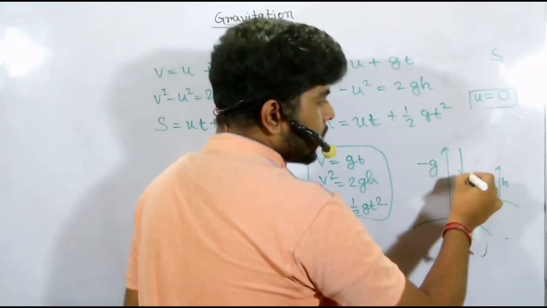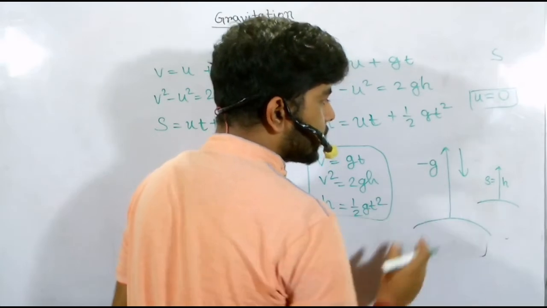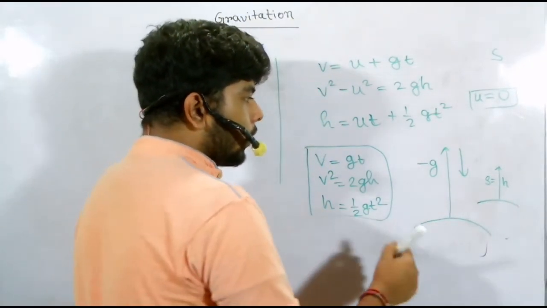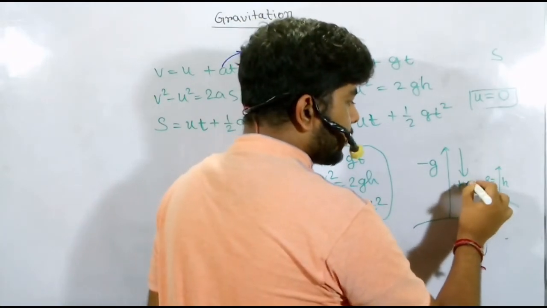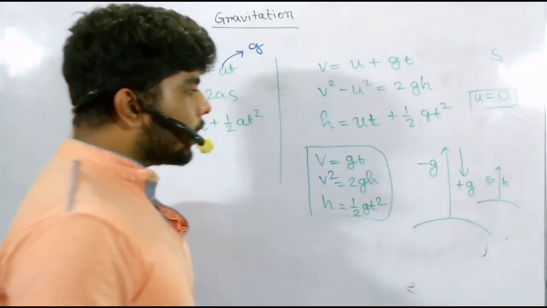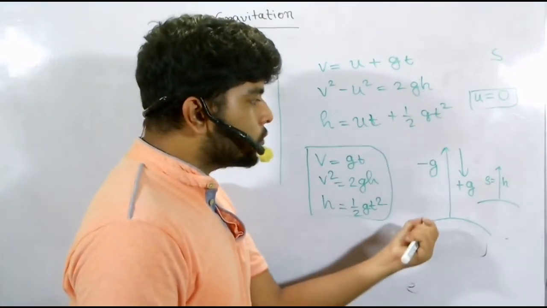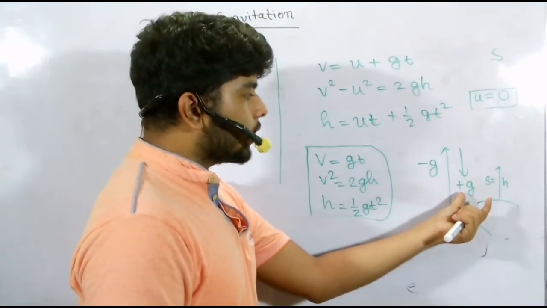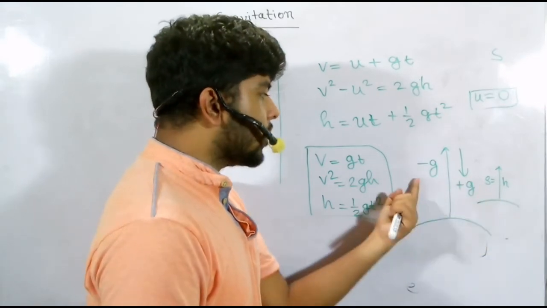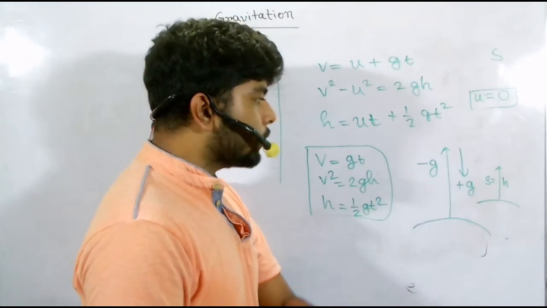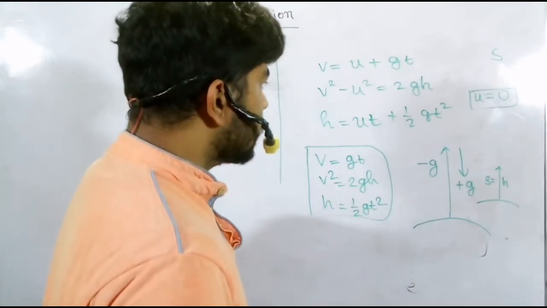And when the body falls, the velocity increases with time, so that is positive acceleration. That means when the object is falling towards the earth, the acceleration due to gravity is positive, and when the object is rising upwards, it is negative.